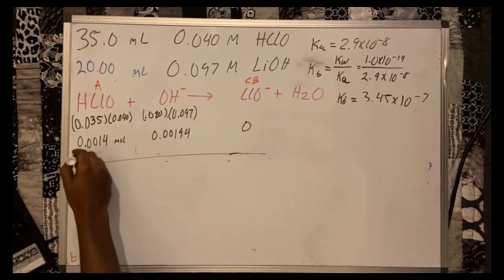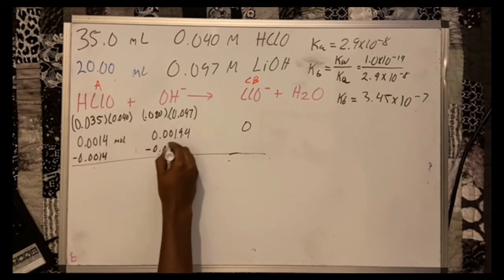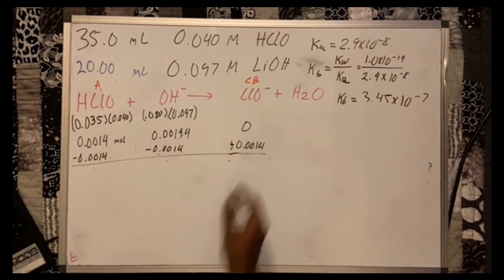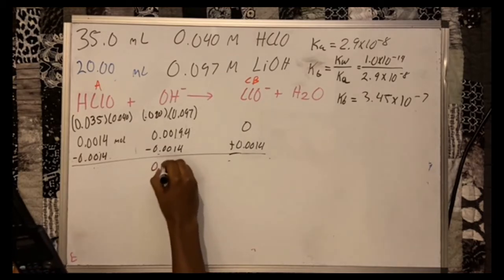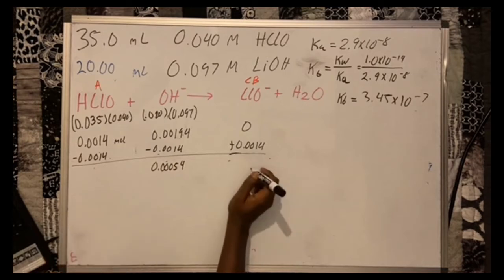Now this is the smallest one, so we subtract 0.0014, plus 0.0014, minus 0.0014. We got 0.00054 and then 0.0014.